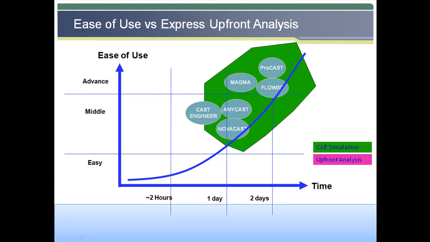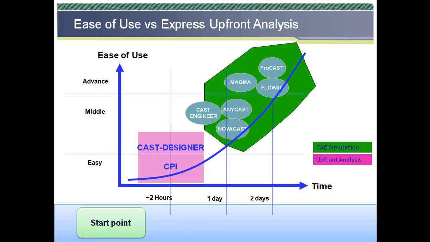Now, we make a comparison of Cast-Designer CPI with traditional CAE systems. Generally speaking, Cast-Designer CPI is faster and simpler than traditional CAE software, but the simulation result is at a similar level. At first, we look at the starting point of the system. Traditional CAE systems need a perfect CAD geometry with a completed riser, gating system, cooling system and mold.